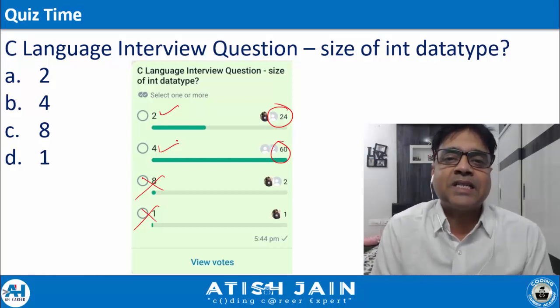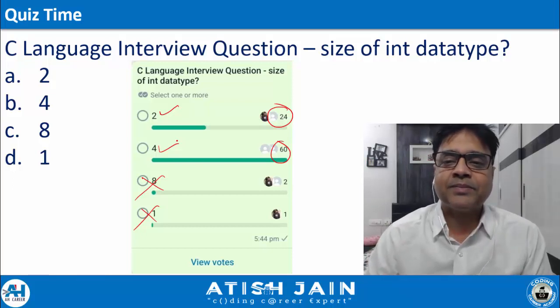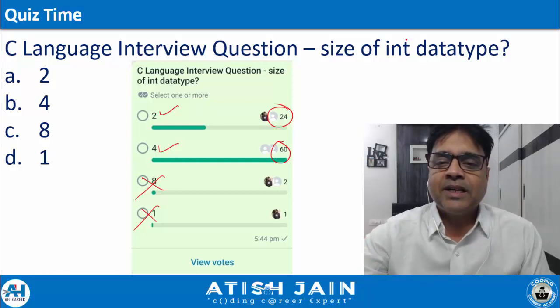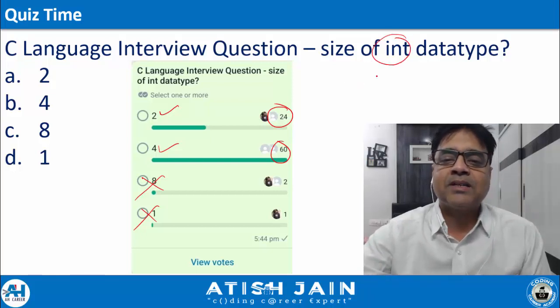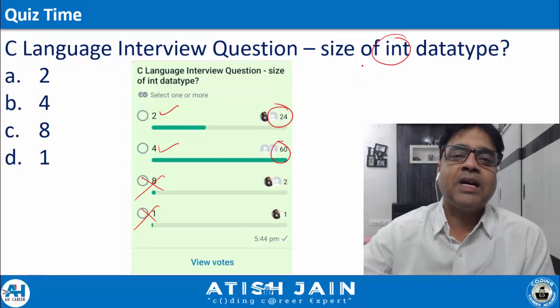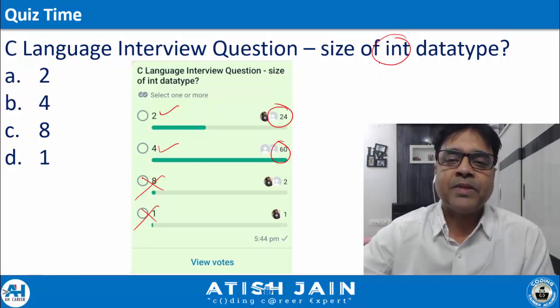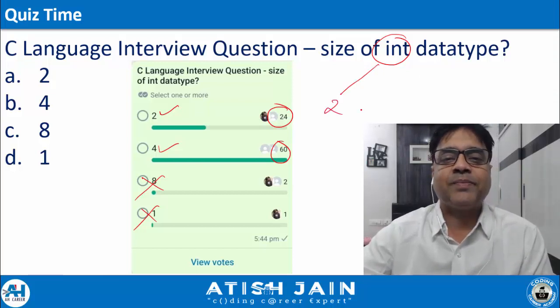In traditional 16-bit compilers, whenever you use the data type int, like if you are working on Turbo C IDE, then you'll get the answer as 2 bytes.